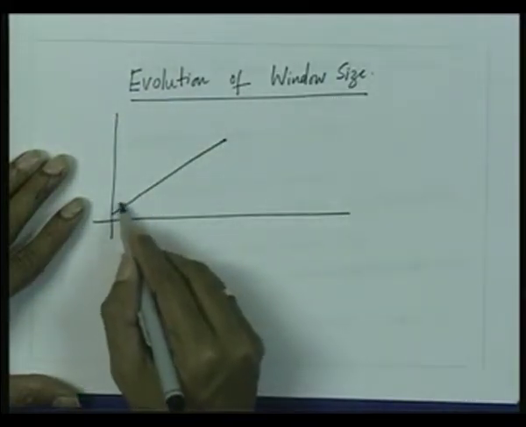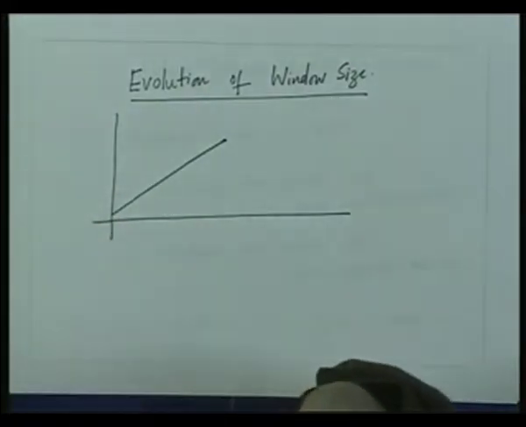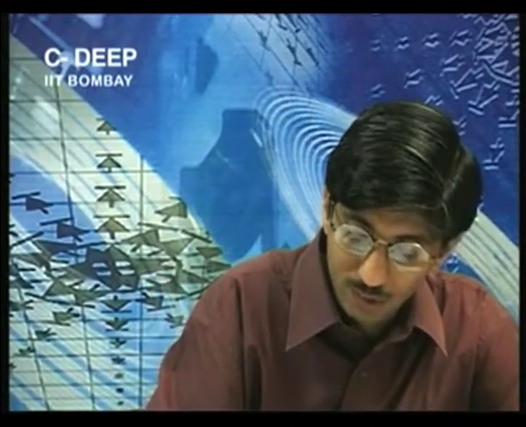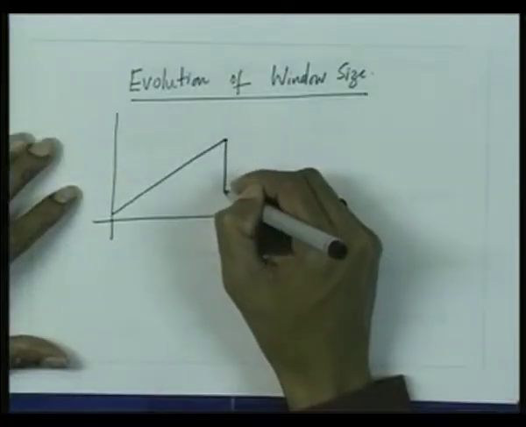The window size keeps on increasing by 1 every time a window's worth of acknowledgements has been received, and whenever it detects congestion, the window size drops to half.